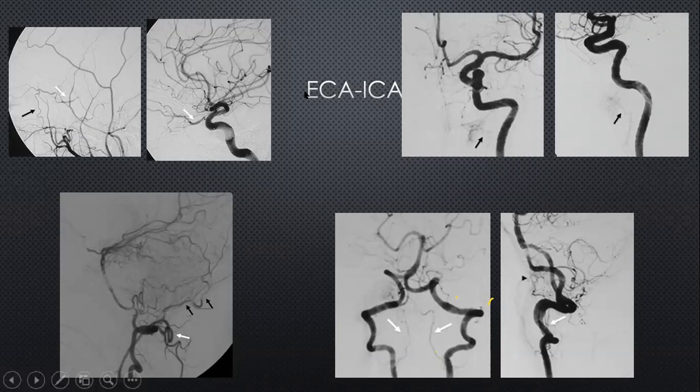endovascular treatment, is to understand the anastomosis or the potential anastomosis between the external carotid artery branches and the internal carotid artery branches. And we haven't really talked at all about the external carotid artery, but the external carotid artery has a very, very significant contribution, not only in perfusing the cranial nerves, but also whenever there is occlusion.